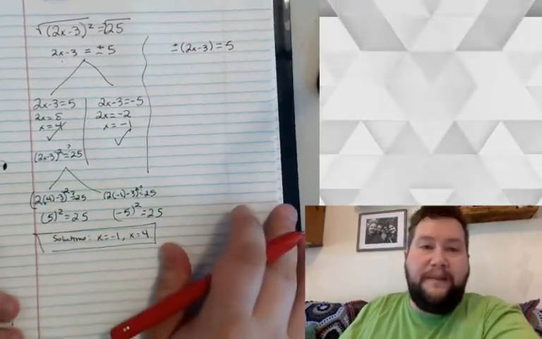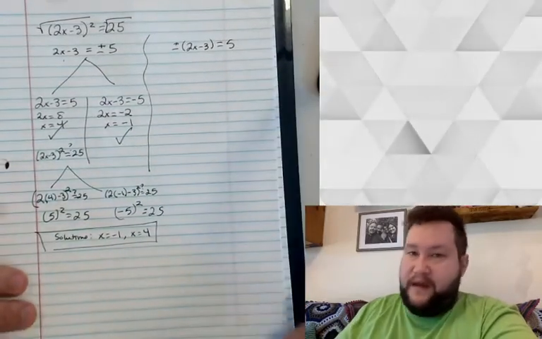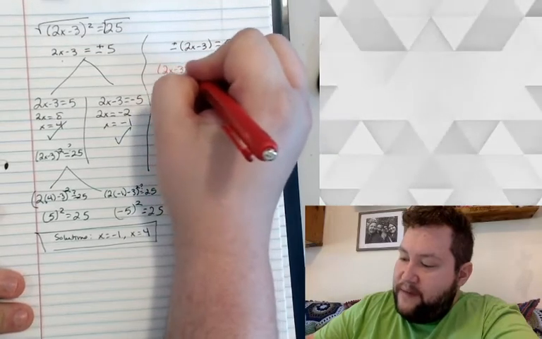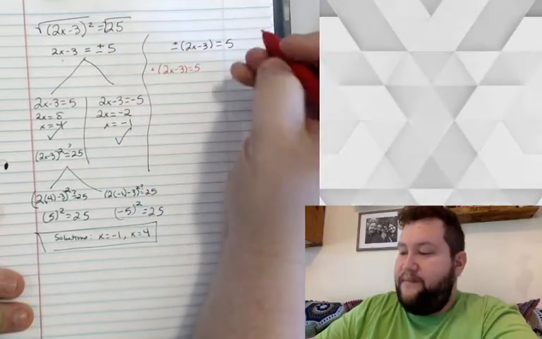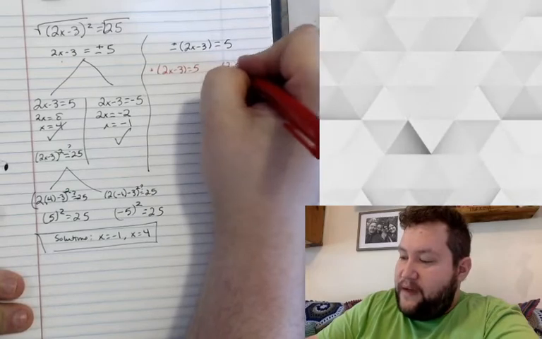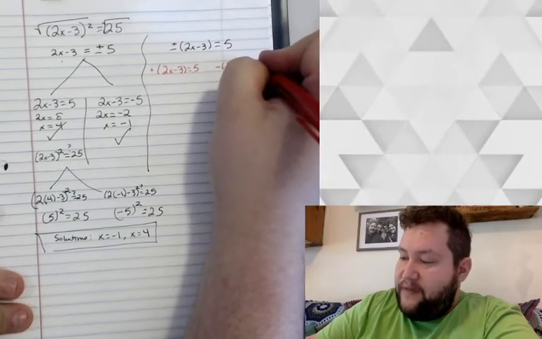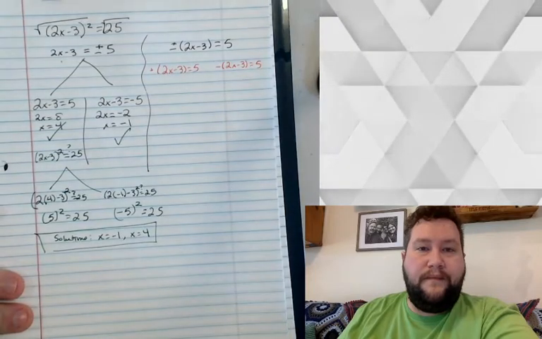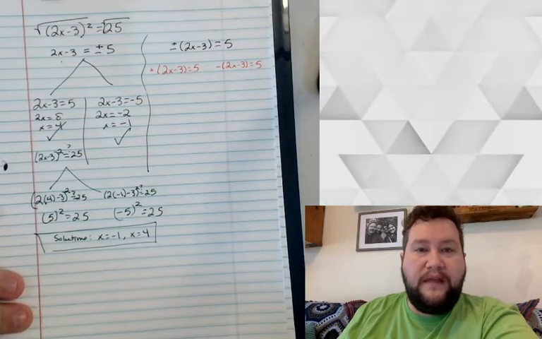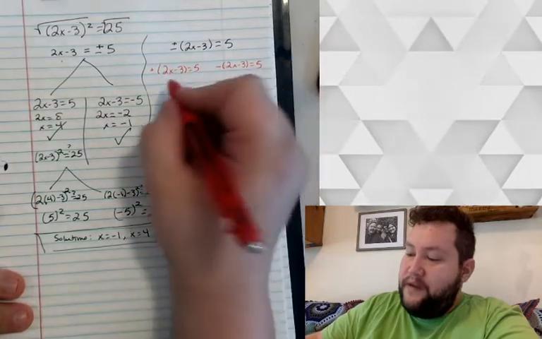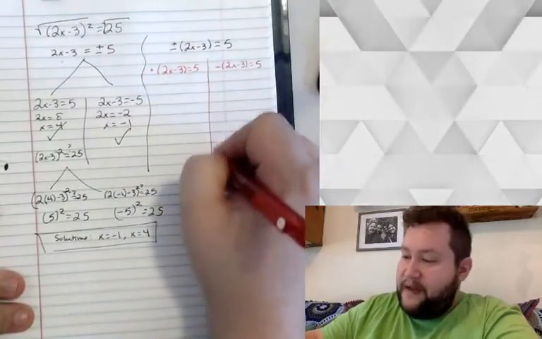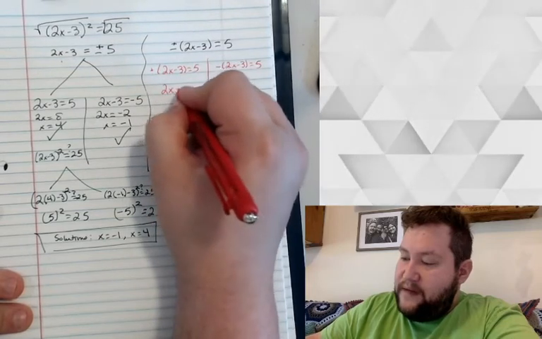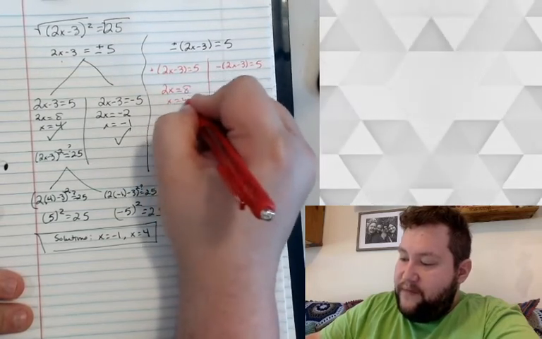Now I said, what happens if we put our plus or minus on the other side? Well, here we have 2x minus 3 equals 5 in the plus case, or we have negative (2x minus 3) equals 5 in the other. And once we're looking at that, we can solve each of them independently like we had in the past. 2x minus 3 equals 5, so 2x equals 8, or x equals 4.